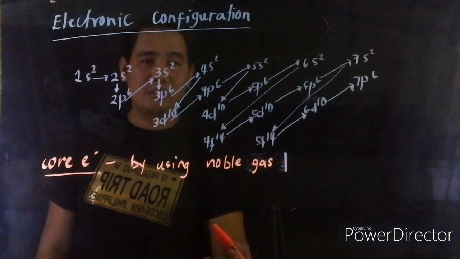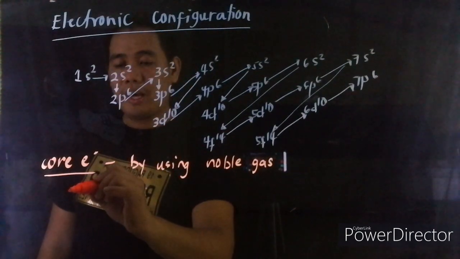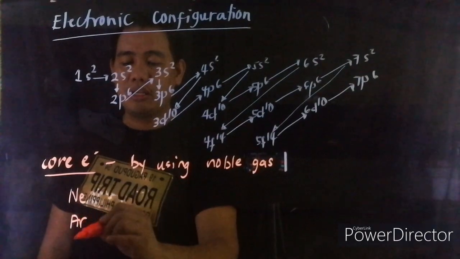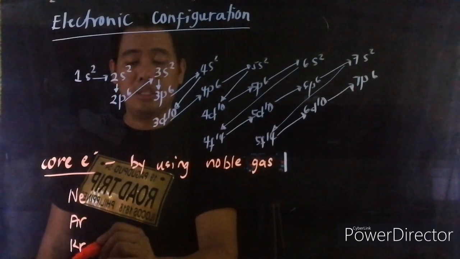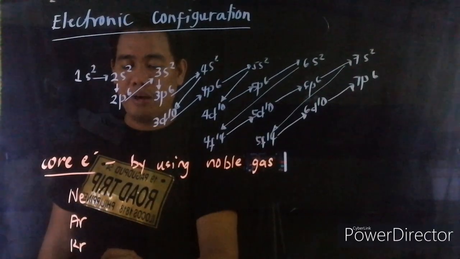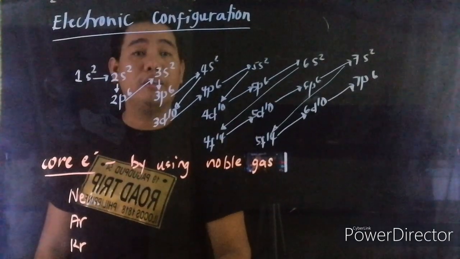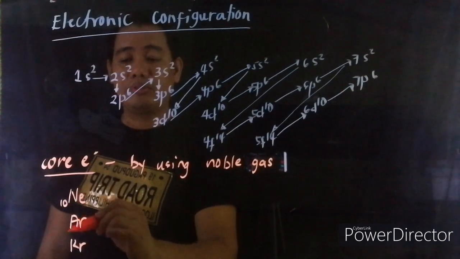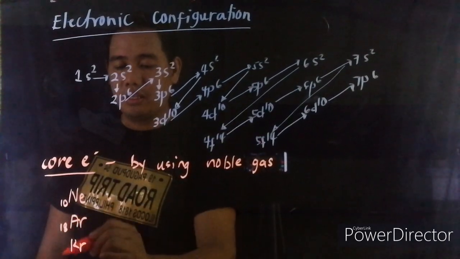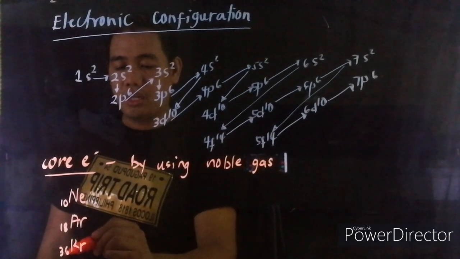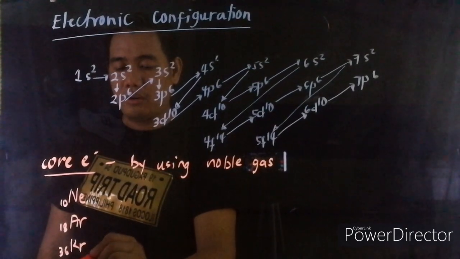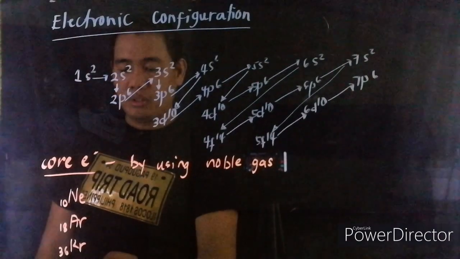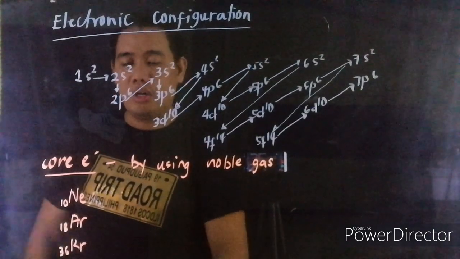So what are these? We have neon, argon, krypton, xenon, and radon. Neon has atomic number of 10, argon is 18, 36 for krypton, 54 for xenon, and 86 for radon.